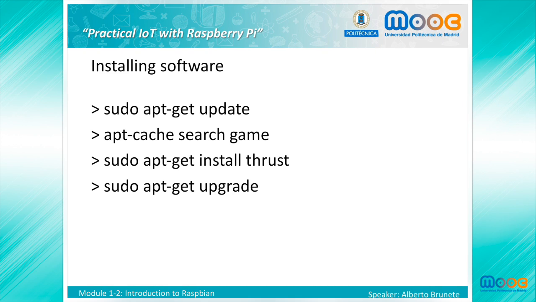Okay, let's move to how to install software in the Raspberry Pi. Installing new software onto this Raspberry Pi is quite simple, although it is not the same as in Windows systems. It includes a tool called apt, which is a powerful package manager.